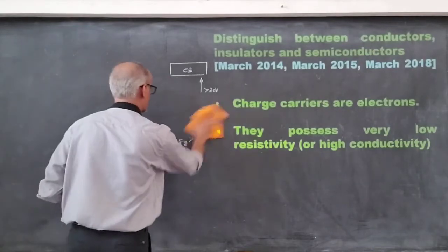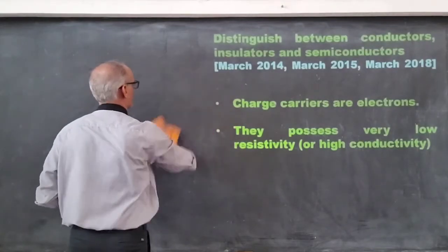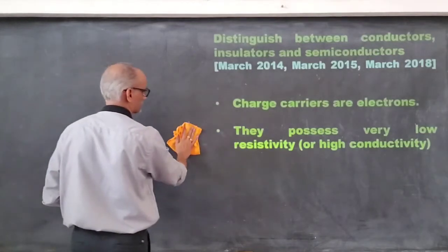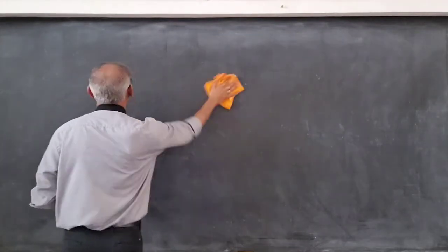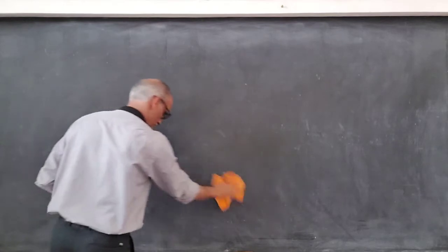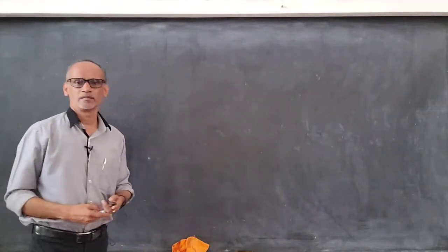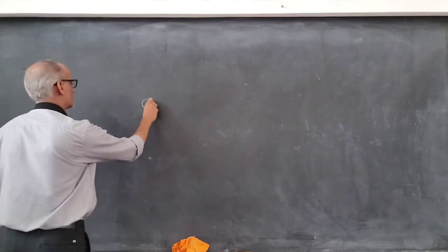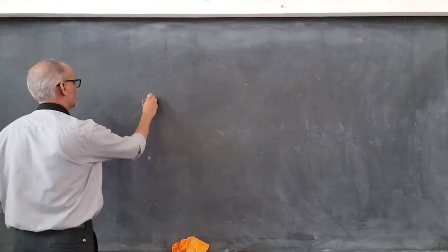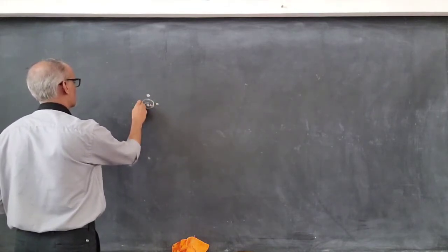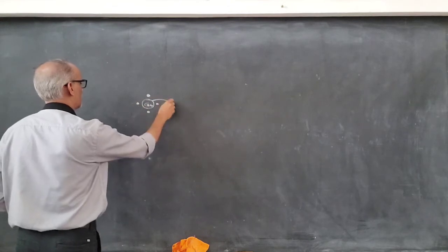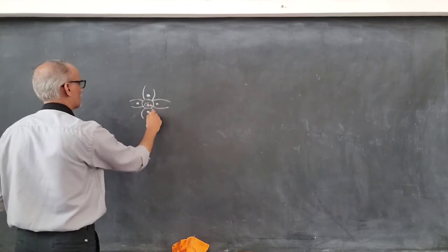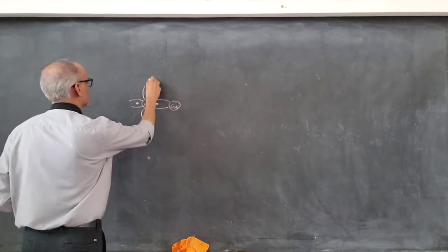Let us talk more about the semiconductor. Semiconductors are tetravalent in nature. If I consider germanium, it has 4 valence electrons and it forms a covalent bond with the neighboring germanium atom.